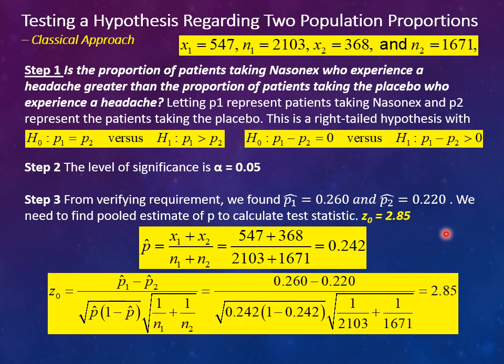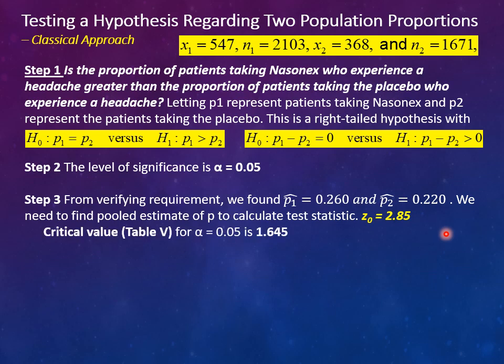We need the pooled estimate because it's part of the calculation for the test statistic. We have each of the individual proportions, p hat 1 and p hat 2, but we also need this pooled estimate, which is the sum of the proportions in the top and the sum of the sample sizes in the bottom. Doing this calculation, we get our test statistic of z naught equaling 2.85.